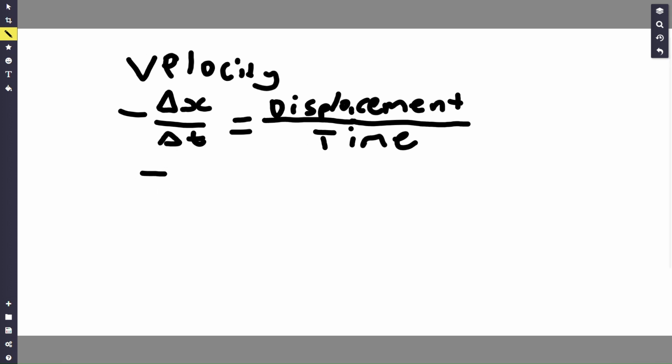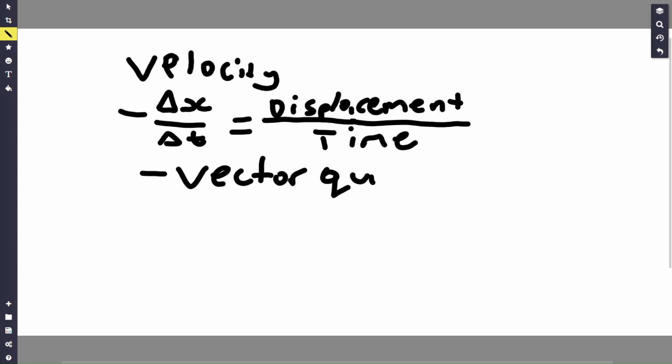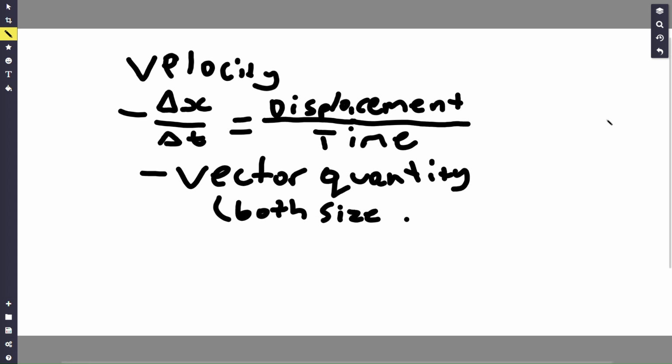But more importantly, velocity is a vector quantity. This means it has both magnitude, basically size, and direction.